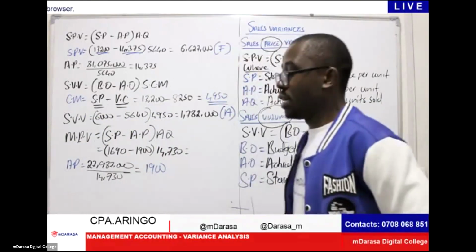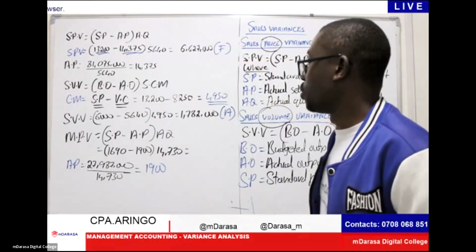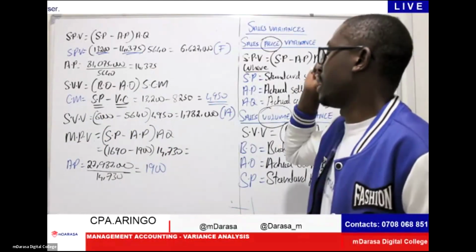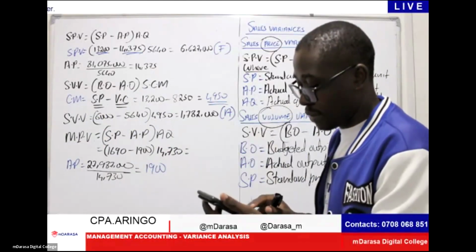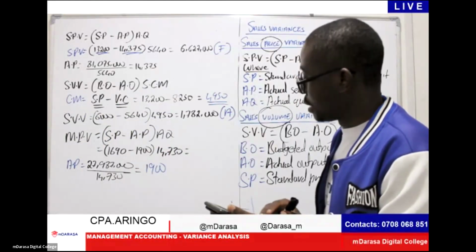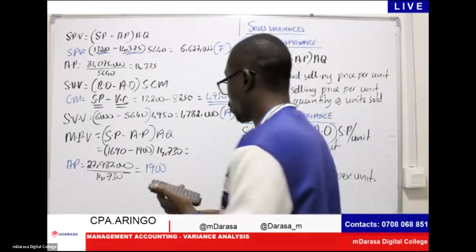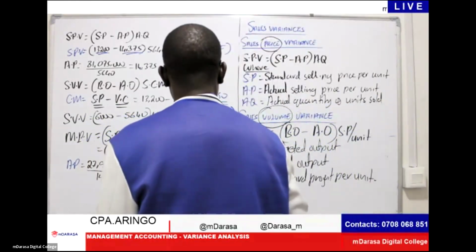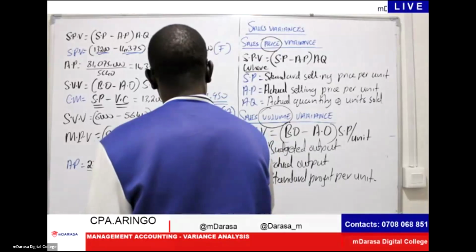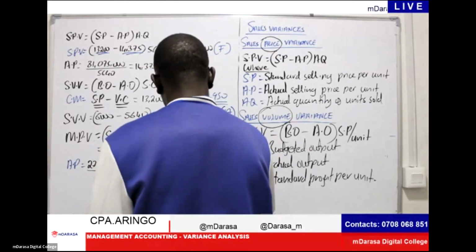That is to say, you spent more than what you had anticipated. So at the end of the day, we should be having 1,690 minus 1,900 times 14,730. We're getting a value of 3,093,000.